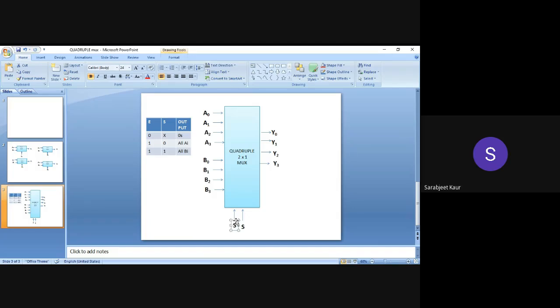That is a way to power off this circuit. Is this clear? Right. So this is the first thing that we wanted to see today.